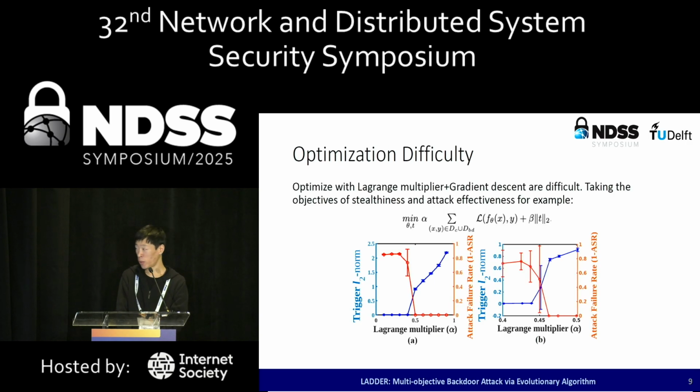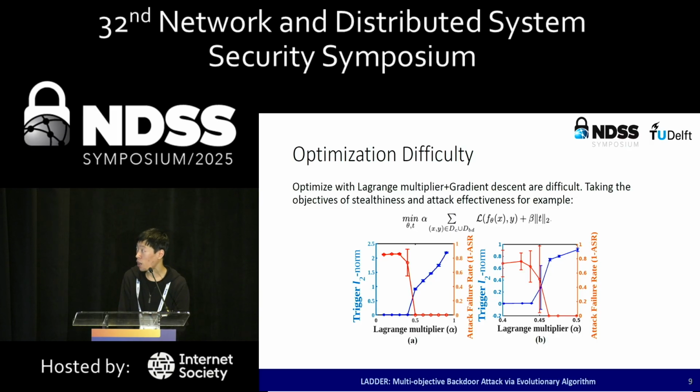However, optimizing the above objectives is difficult. Taking two objectives balanced with the parameter alpha, for example, people commonly use the Lagrange multiplier and gradient descent. Here we show the objective values of trigger stealthiness and attack success rate in blue and red respectively.